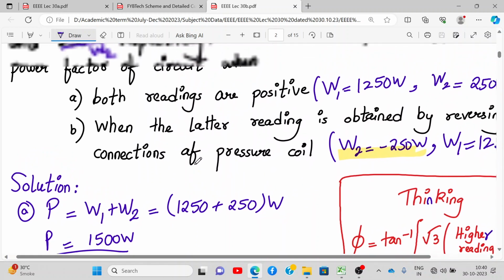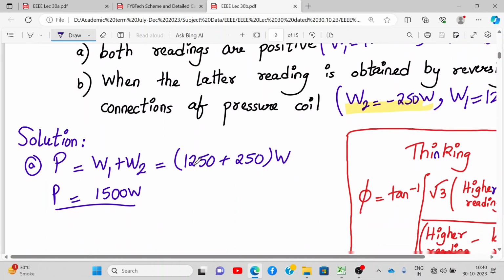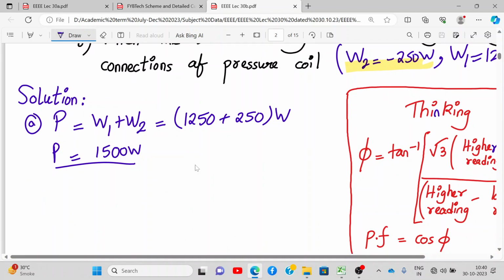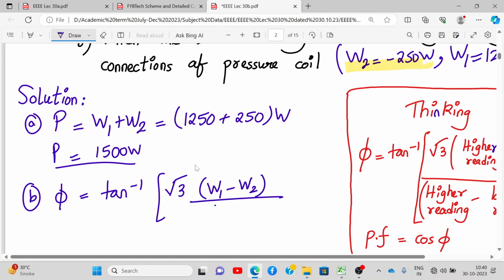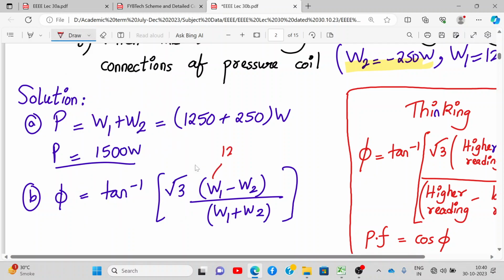Next, you need to find the total power supplied and the power factor when both the readings are positive. So power factor we require phi, so that will be tan inverse of root 3 (W1 minus W2) upon (W1 plus W2). Now tell me, what is W1? 1250, W2 is 250, and these together are 1500.